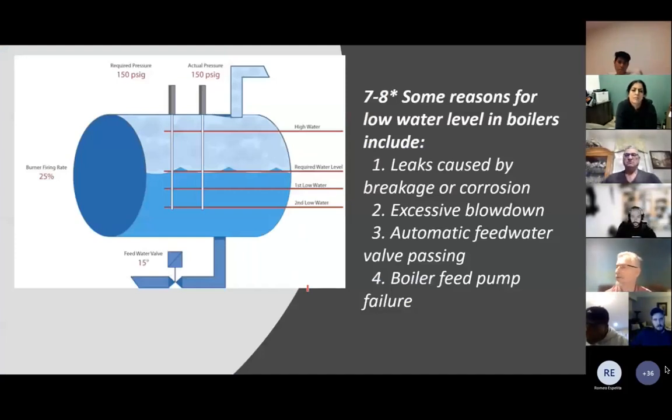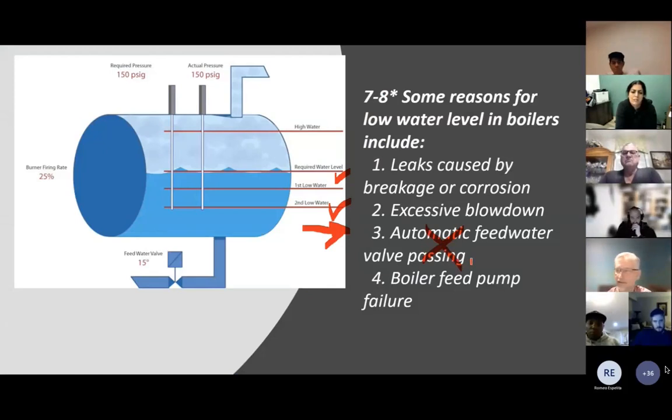Reasons for low water level in boilers. Leaks caused by breakage or corrosion, excessive blowdown, automatic feed water valve passing. Is that correct? That would be a high level. Okay, passing means leaking.